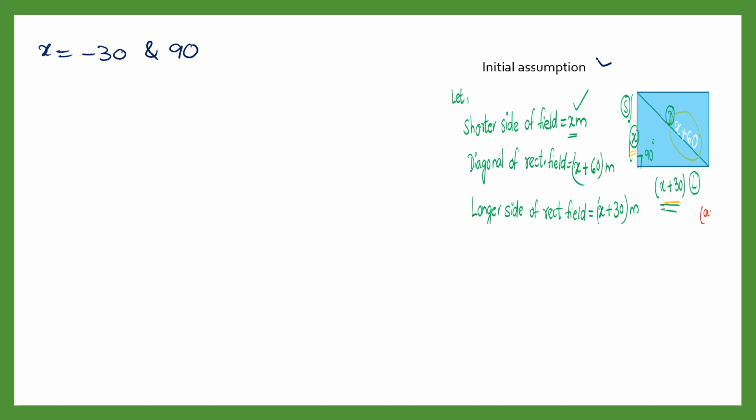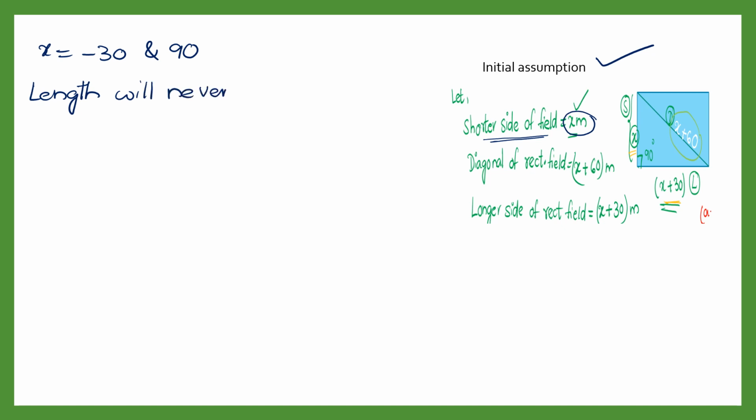What was our initial assumption? x is the shortest side of the field. That means x meters we assume. Will length be a negative value? Length will never be a negative value.